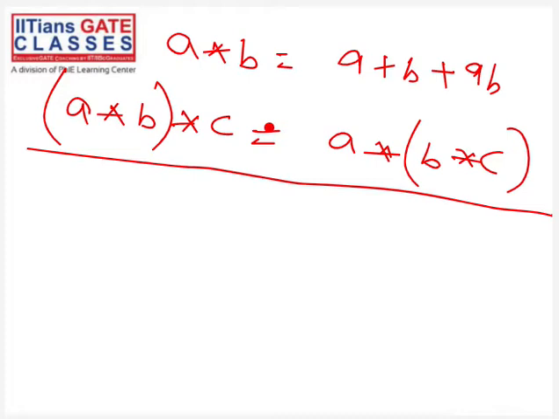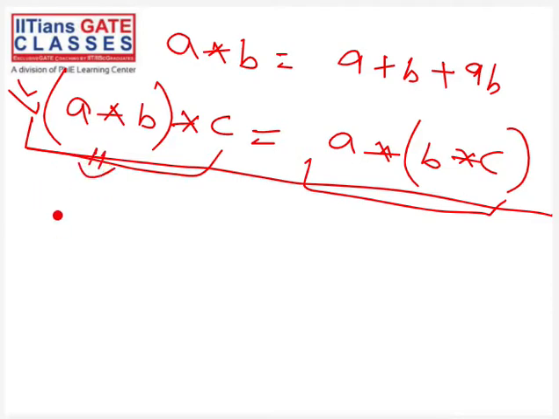Do not take values like 2, 3, 5, because for some values associativity might hold, and for other values it might not. So from now on, whenever I ask you to check for associativity, take three variables a, b, c and check it out. All you need to do is check whether these two are equal or not.